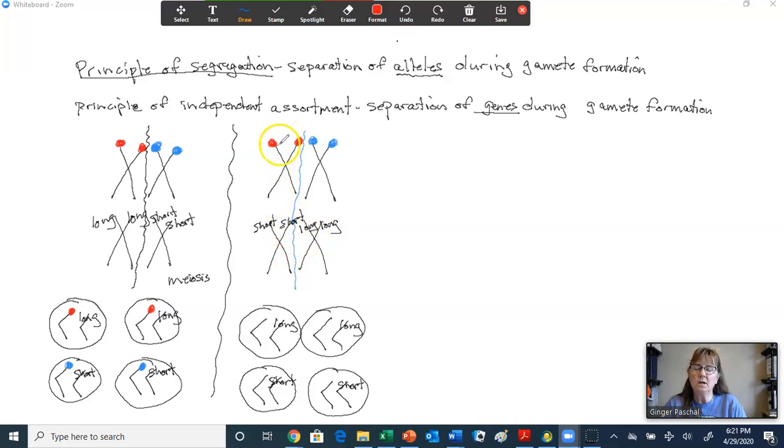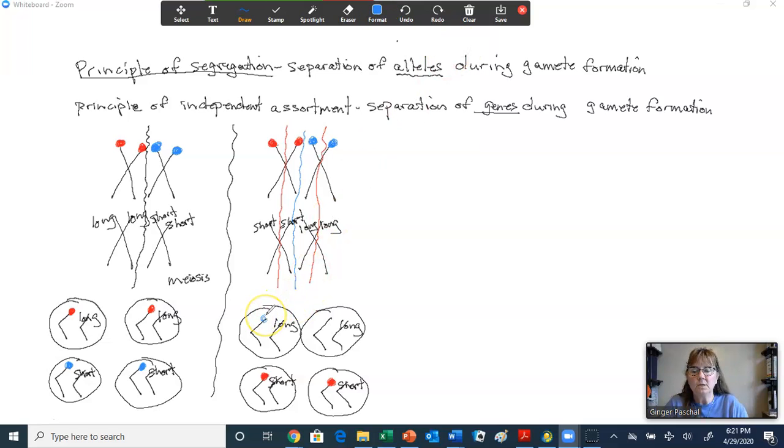So are the ones that are red going to be in the cells that contain short, or the ones that contain long? So you can see with this dividing down the middle, and then during meiosis 2, this is going to divide here, this is going to divide here. Our red are going to be with our short. So we're going to have a chromosome that codes for red with this short, and a chromosome that codes for red for this short.